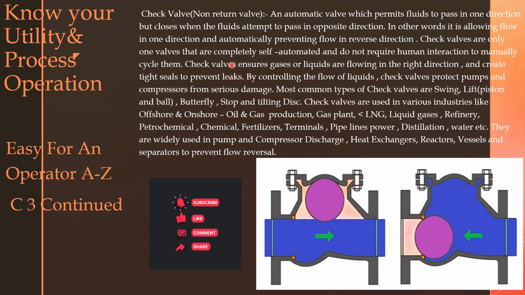Check valves are the only valves that are completely self-automated and do not require human interaction to manually cycle them. Check valves ensure gases or liquids are flowing in the right direction and create tight seals to prevent leaks. By controlling the flow of liquids, check valves protect pumps and compressors from serious damage.